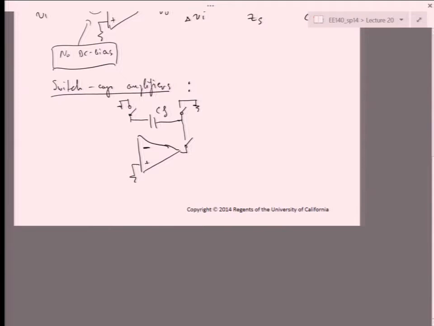And I'll use the switches, so this is VO. These switches will be gated by control signals. I'm going to label them phi 1 and phi 2 and then draw the waveforms later. And then we have our VI and CS.